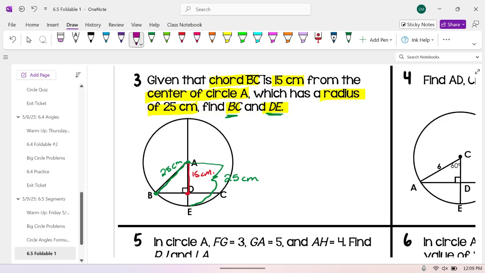So look at the locations. BC is right here. DE is right here. So I ask again, which one do you think we're going to find the easiest? DE. Why DE?